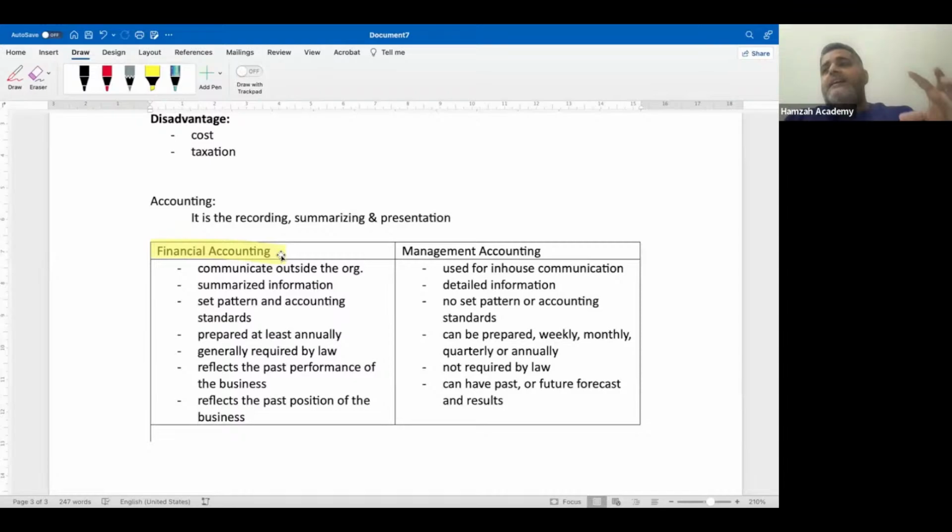Done? And when I talk about the set pattern or the accounting standard, the financial information we are presenting outside, how many sales we had for the year, what was the cost for the year, and what is the profit for the year.